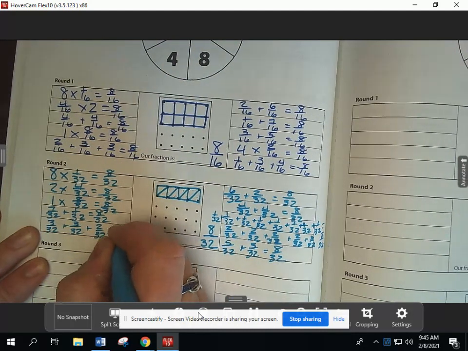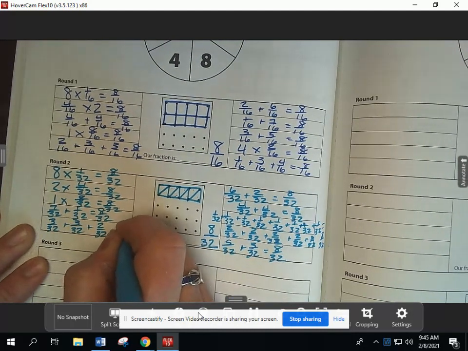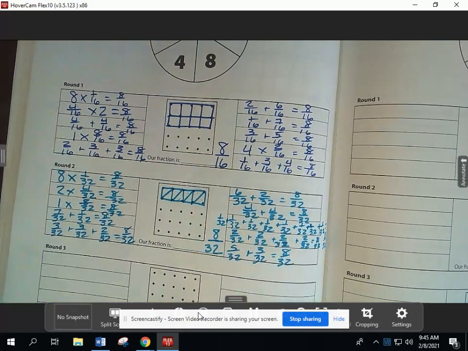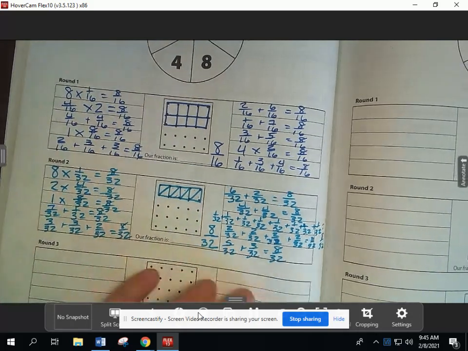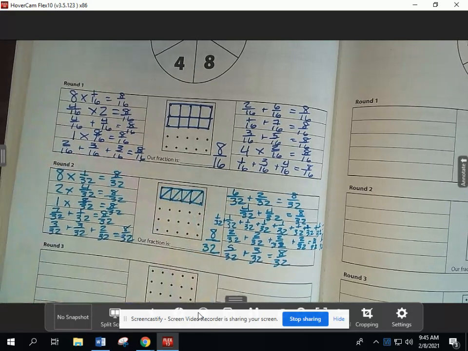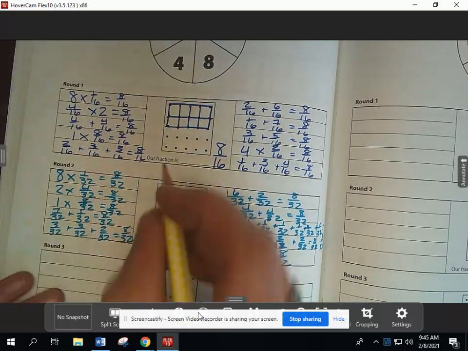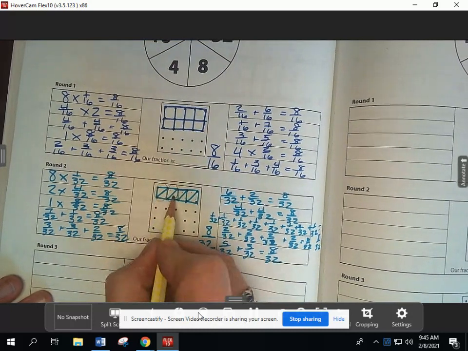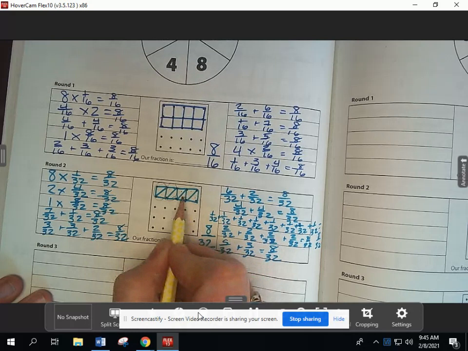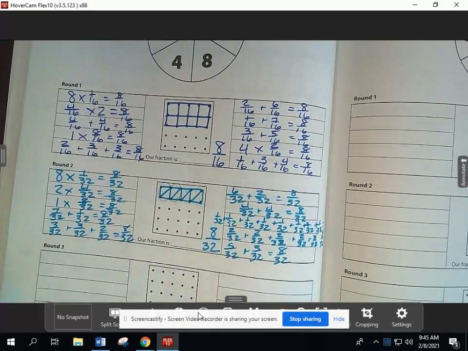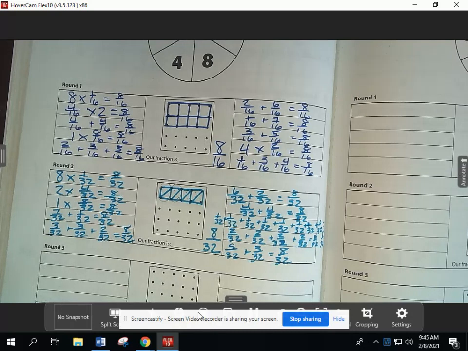There are so many ways for some of them, but not all of them have all of those ways to make it. So if you need to, you can actually color little pieces in, or you can use your pencil and try to find them. Like if I look at this group and this group, here's 2/30 seconds and 2/30 seconds plus 1/30 second and 1/30 second and 1/30 second and 1/30 second. You're just counting all of these pieces over and over again.